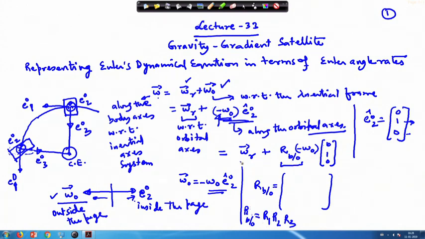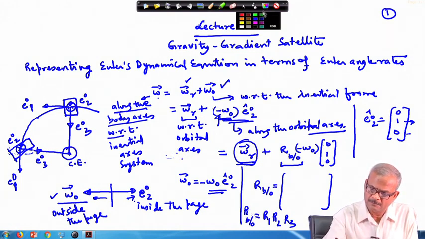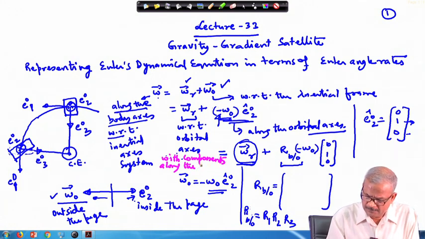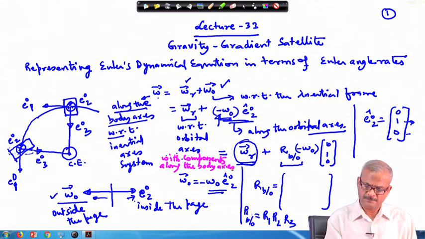This part is the angular velocity of the satellite with respect to the orbital reference frame, which we have already written with components along the body axis, because finally we need the components along the body axis.